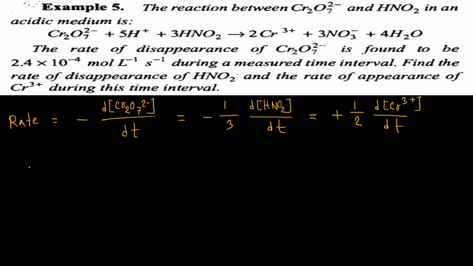So the rate of disappearance of dichromate is given. So we can write the rate of disappearance of nitrous acid equal to 3 multiplied by rate of disappearance of dichromate ion.